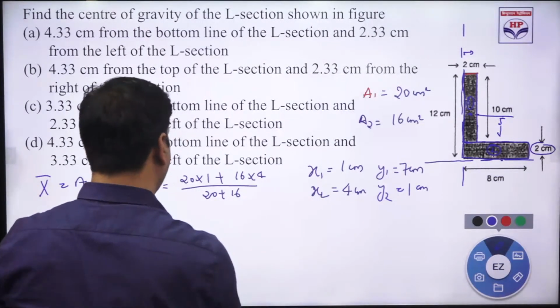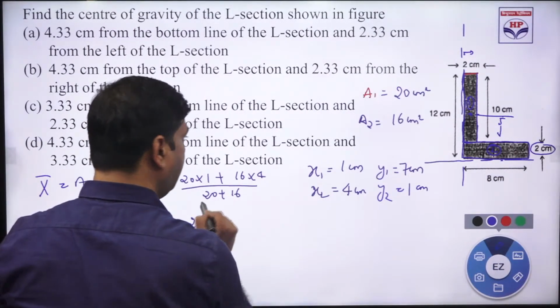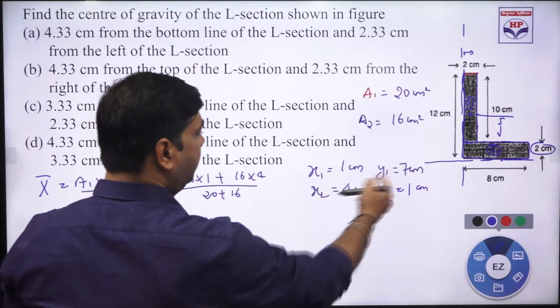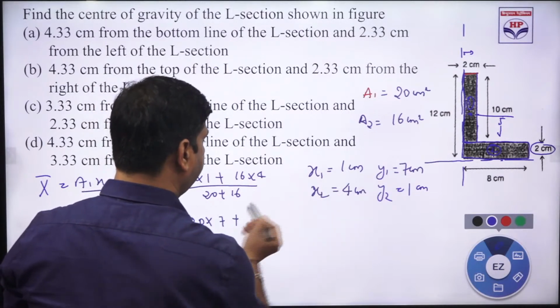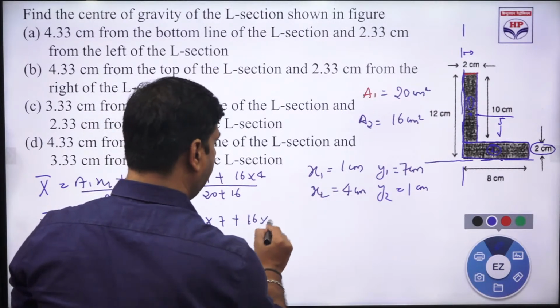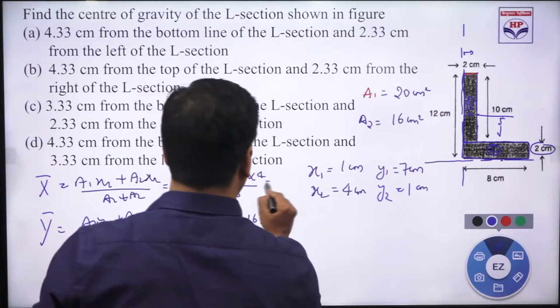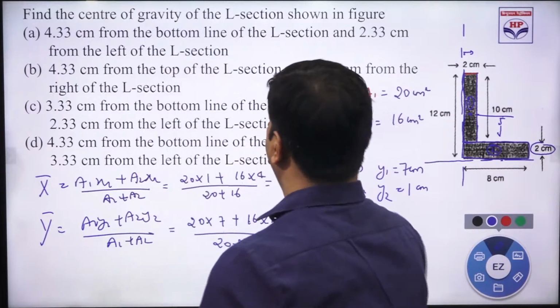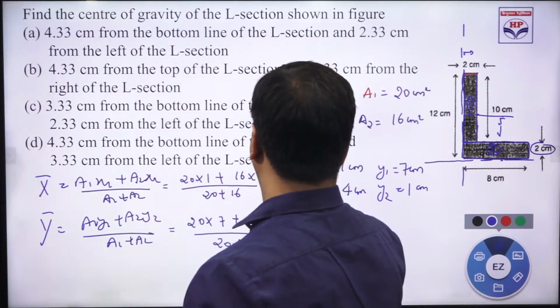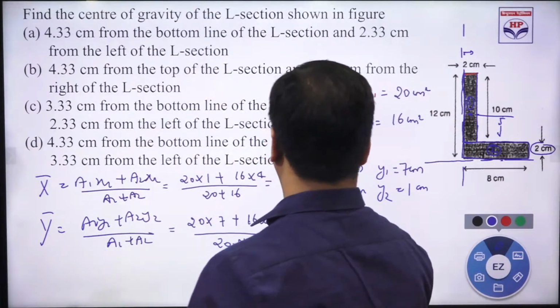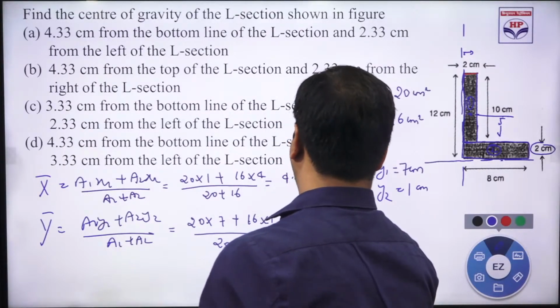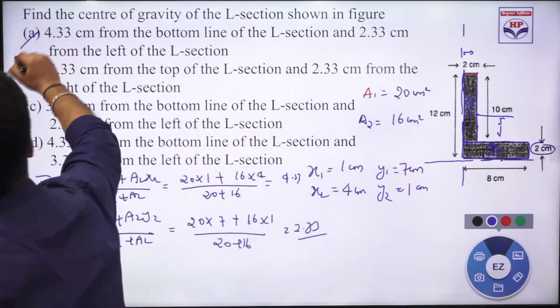Similarly, 20 into y1 which is 7 plus 16 into 1, upon 20 plus 16. If you solve this, you get 4.33 and 2.33. So the option is A.